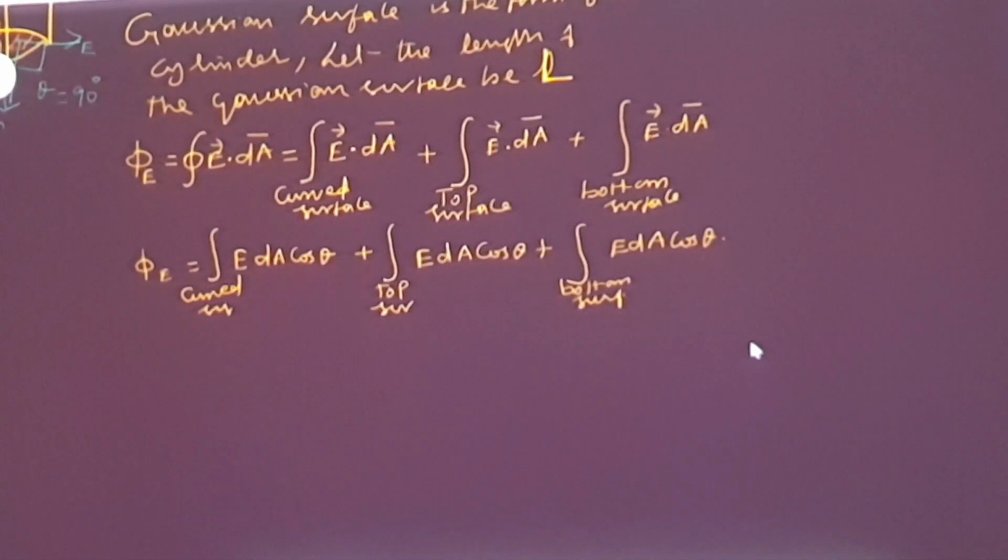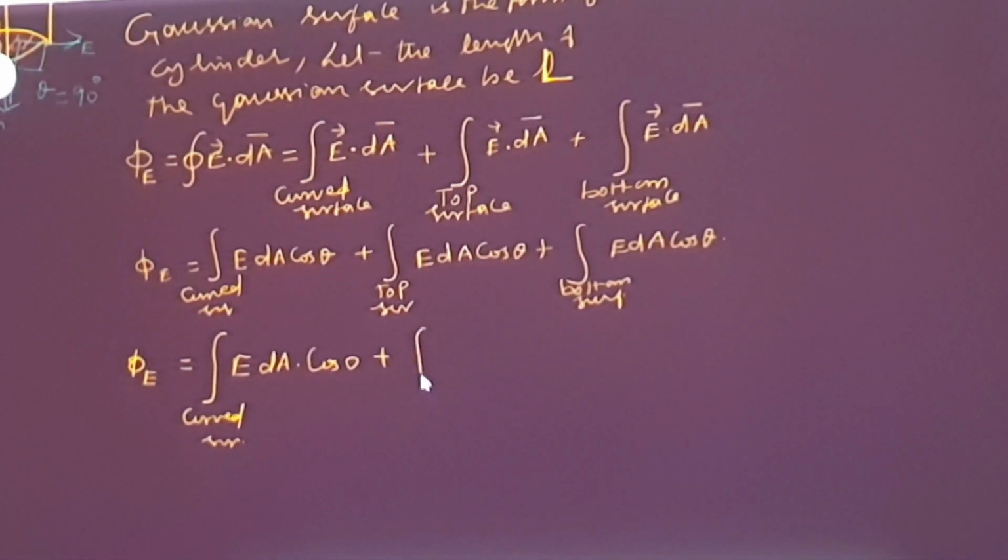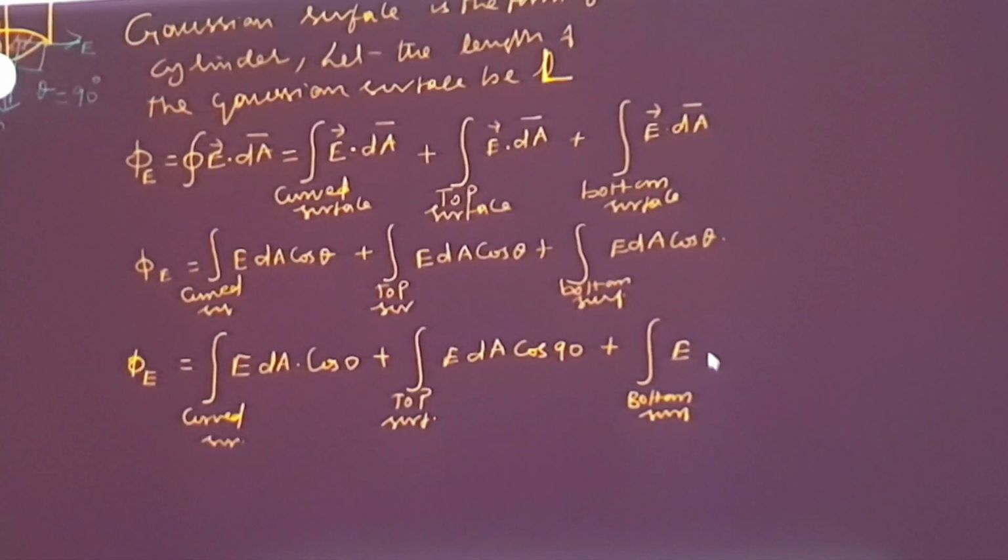So phi E is equal to the closed integral: for the curved surface, the integral of E into dA into cos 0, plus for the top surface, E into dA into cos 90, plus for the bottom surface, E into dA into cos 90.